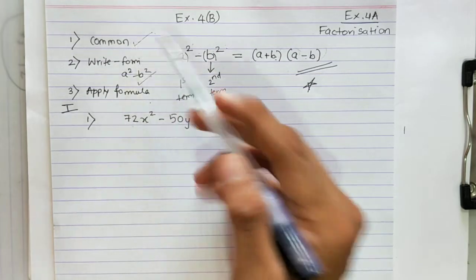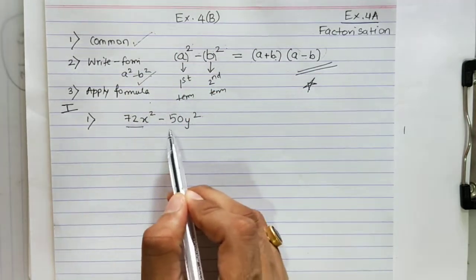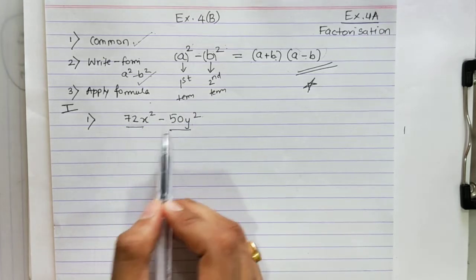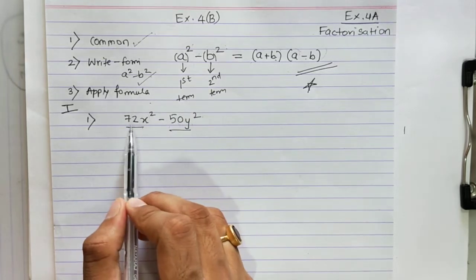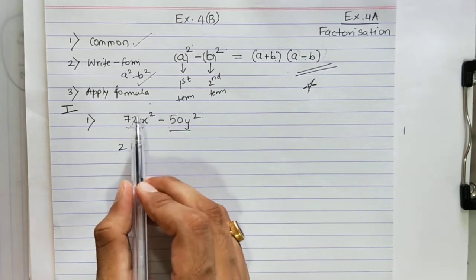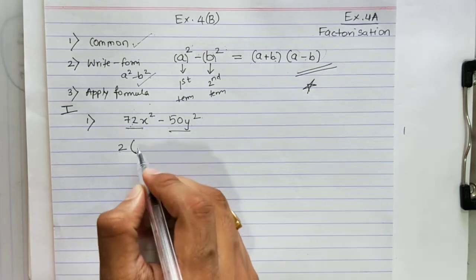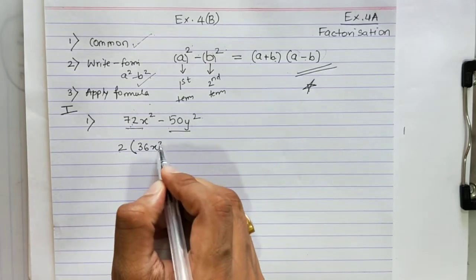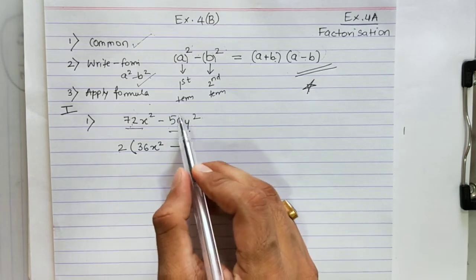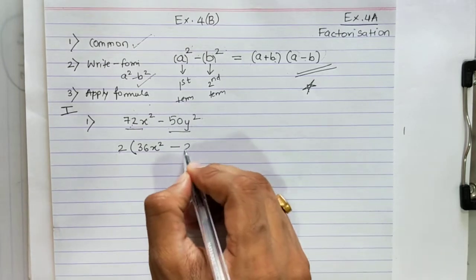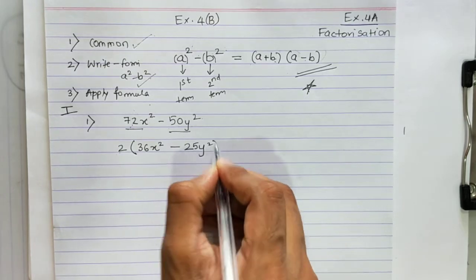So in the first step, take common. Here 72 and 50, I can take 2 common. So 72 divided by 2 is 36x square, minus 50 divided by 2 is 25y square.